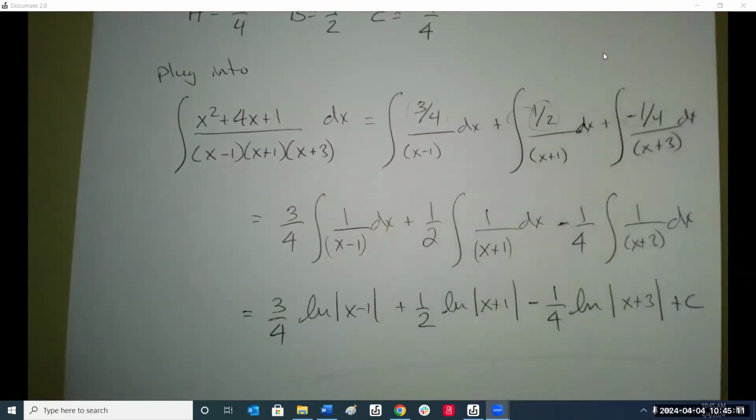All right, let's look at another one with a different format this time. Example 2.